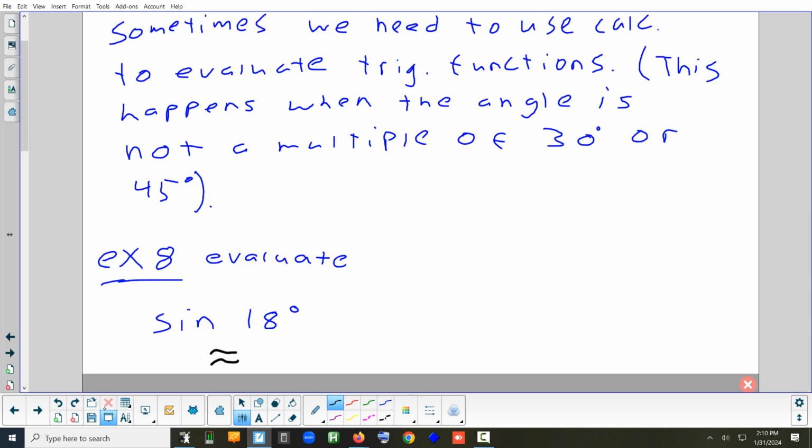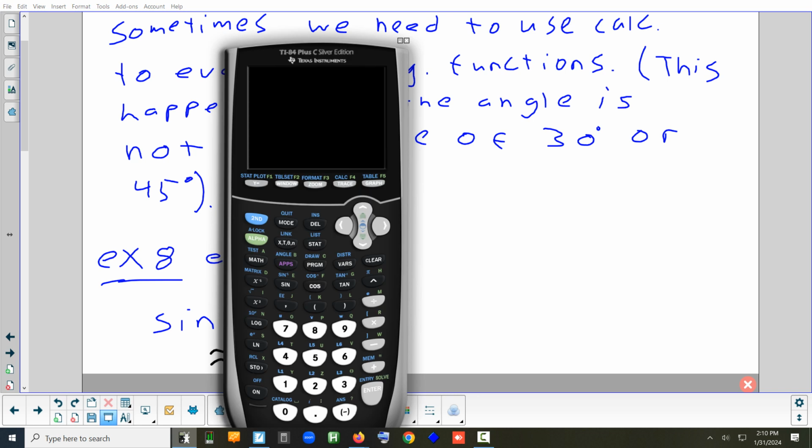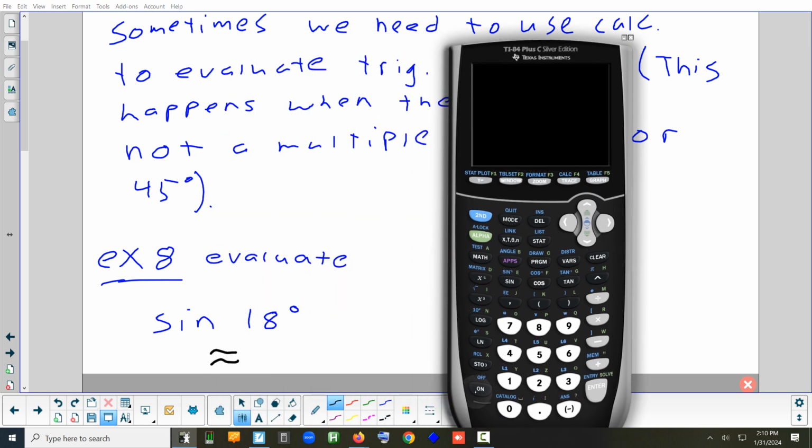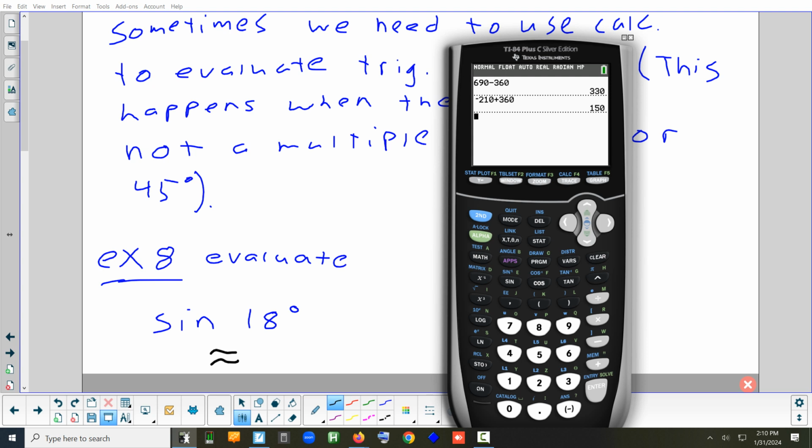So let's look at sine of, well, you tell me, how do you read that? The sine of 18 degrees. Very important, it's degrees. Because we're doing this on the calculator, I need to be in degrees.